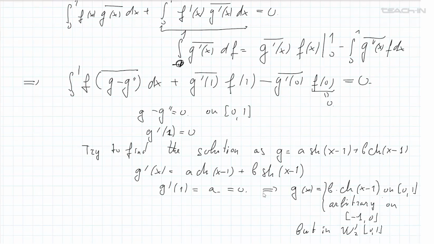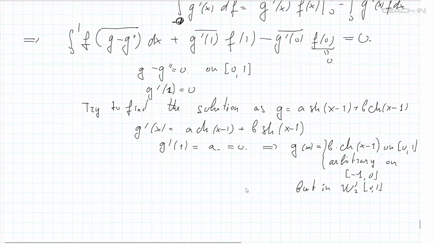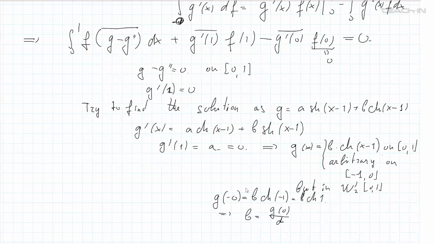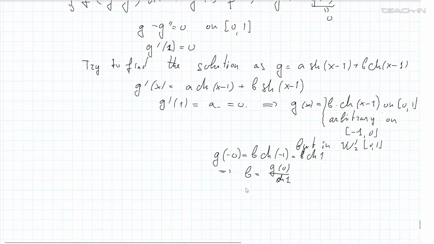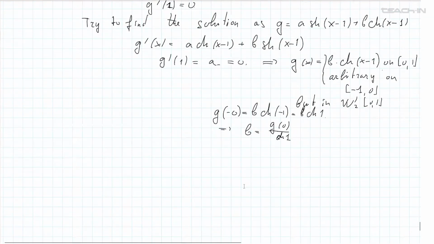It must glue at the center, at 0. So here we have some function g minus at 0 that must coincide with b. So b equals g of 0 divided by the hyperbolic cosine of 1.